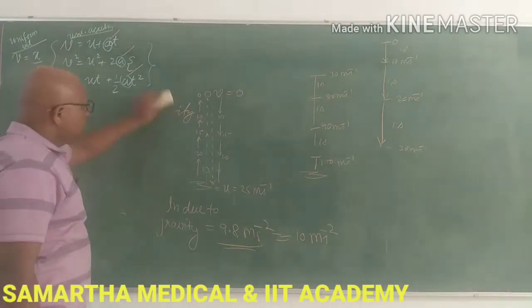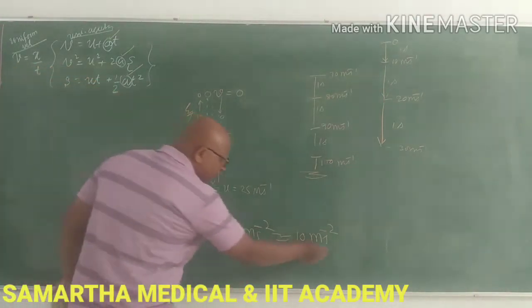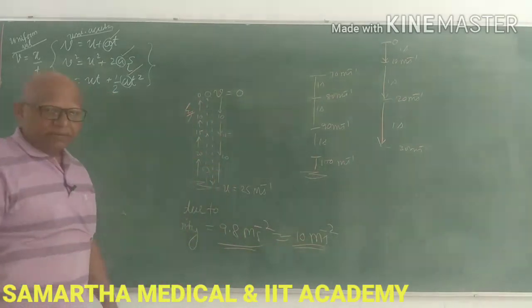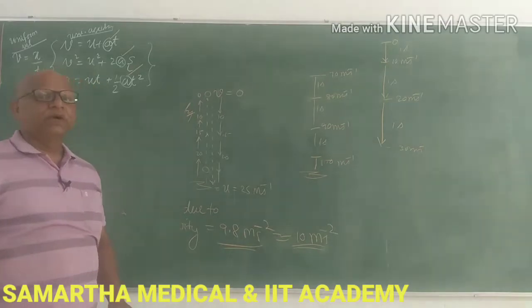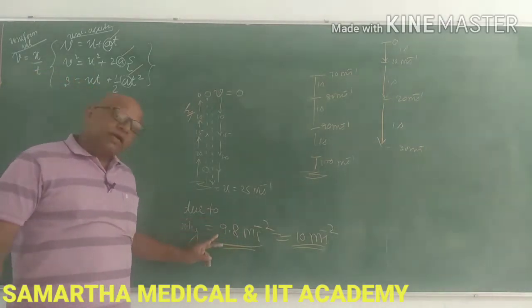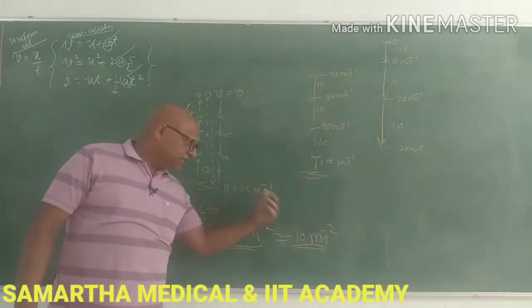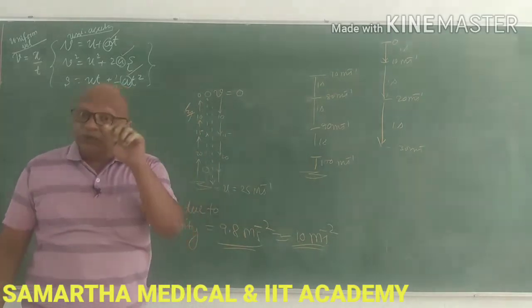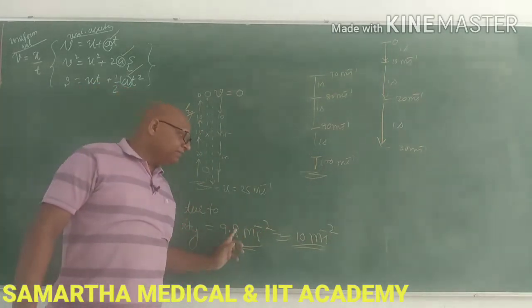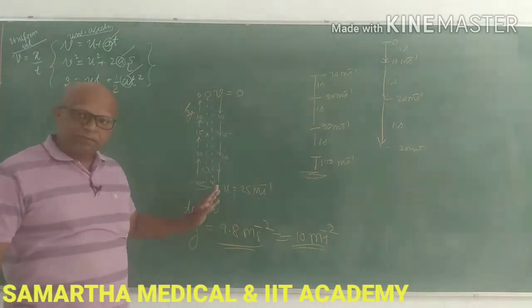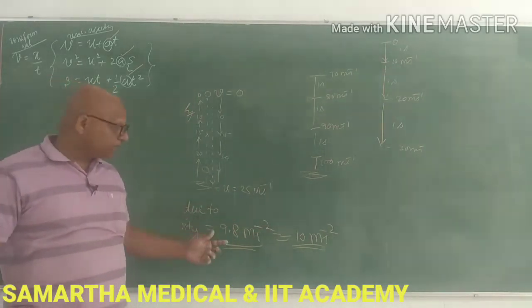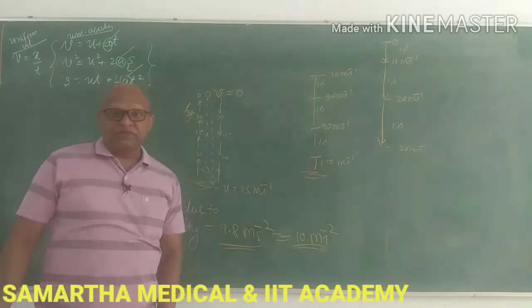Okay, but for neat and fast calculations, use 10 meter per second square only if mentioned, because in the question itself they will tell you to take 9.8 as 10. If they tell you like that, then only use 9.8 as 10. Otherwise, don't do that. Just use 9.8 only, because some questions are based upon 9.8 specifically.